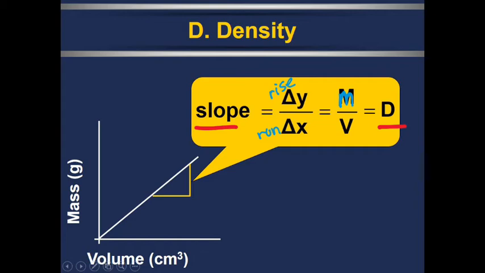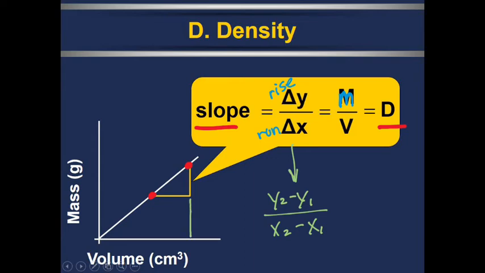Density of your substance. If I break out the rise over run just to make sure you have what you're supposed to have, that change in y, that's like saying y2 minus y1. Change in x is going to be x2 minus x1. If I were to plot that, I'm going to make my two dots where you did your rise and your run.